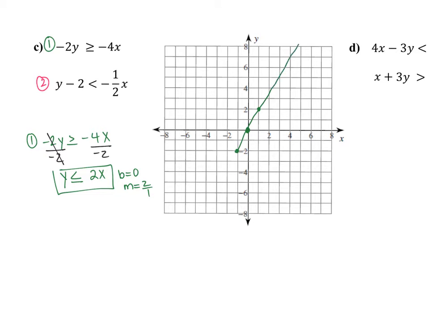So going ahead and doing that, trying to make it nice, but oh well. Then from here, I have my graph. I need to do my shading. So this says y is less than this 2x. So if it's less than, that means I need to shade for y's that are less than.